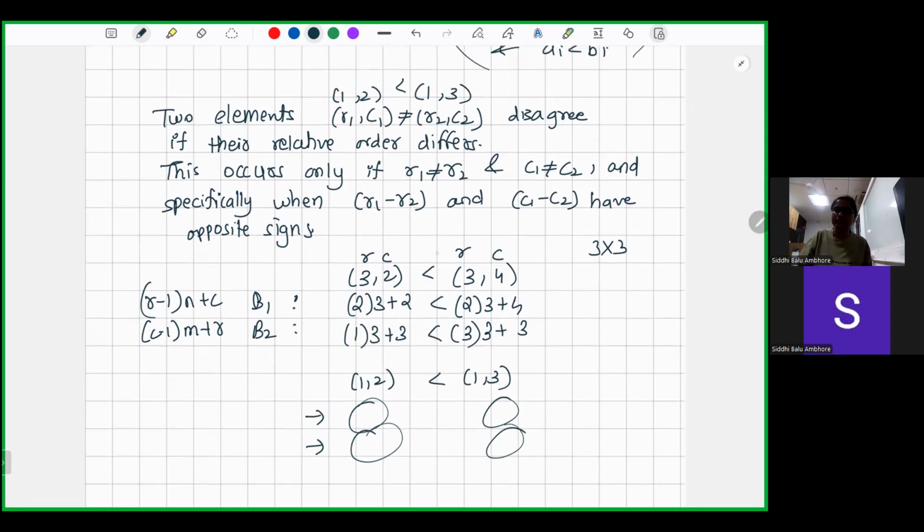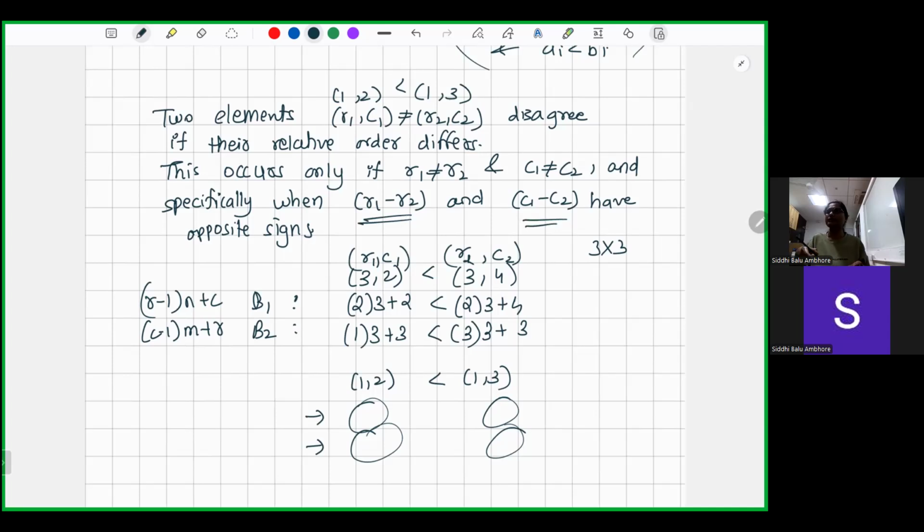For example, this is R1 C1 and this is R2 C2. In B1, R1 C1 has a lesser position than R2 C2, and it has the possibility to shuffle, that is, switch the order in B2, only if both differences are not 0, and especially when R1 minus R2 and C1 minus C2 have different signs.